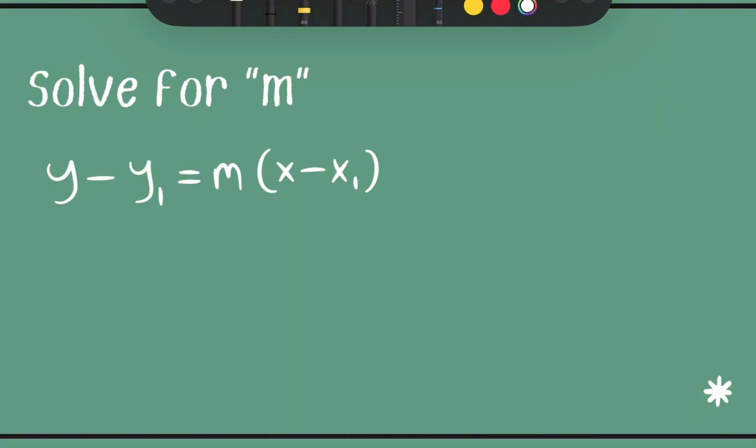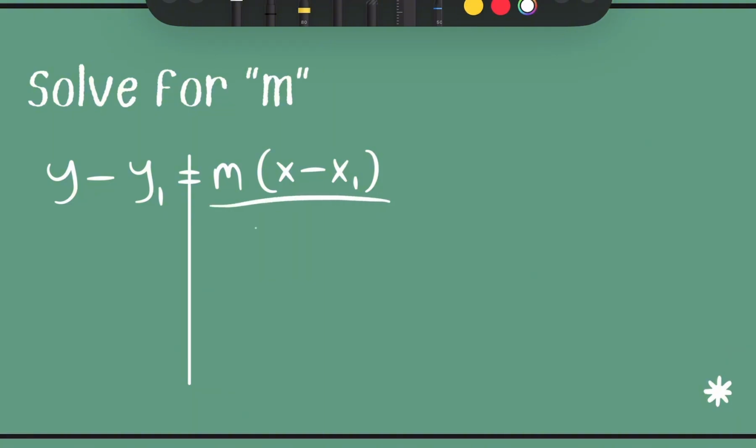Here they want us to solve for m. Now keep in mind that this is what we call a subscript. That subscript just basically tells us that this y is different than this y. And same thing for the x's. This x is different than this x. But anyways, let's solve for m. These parentheses are simply being multiplied to m.